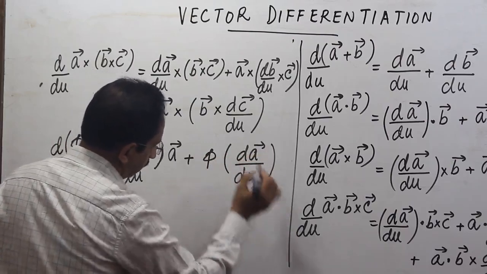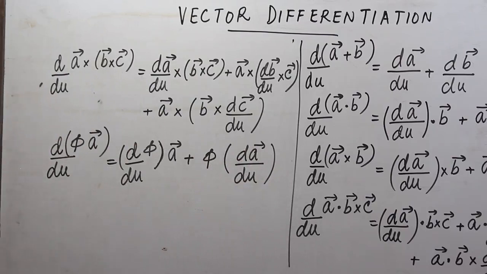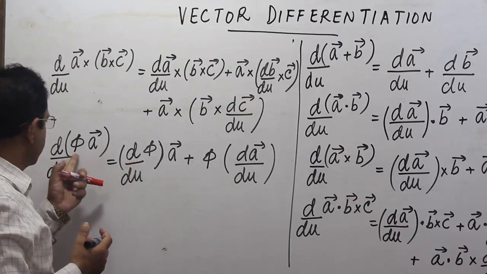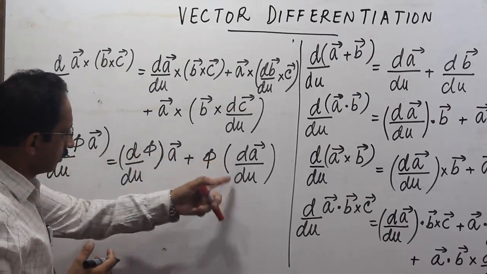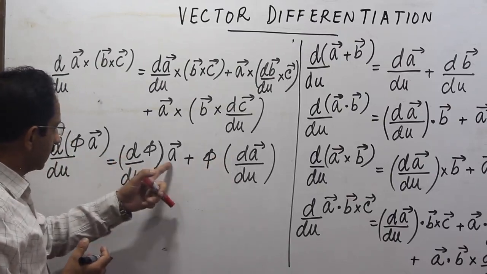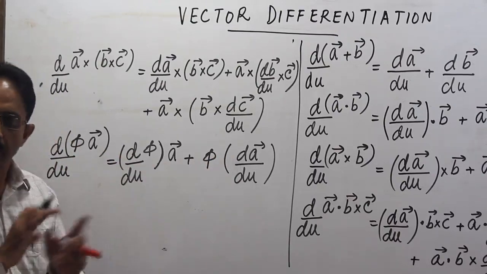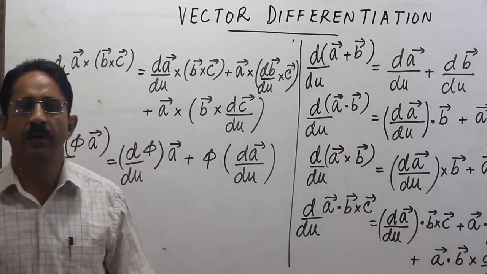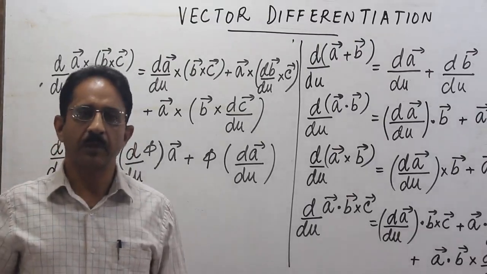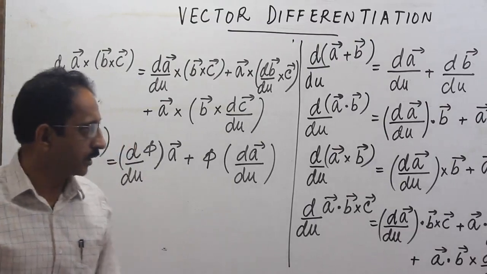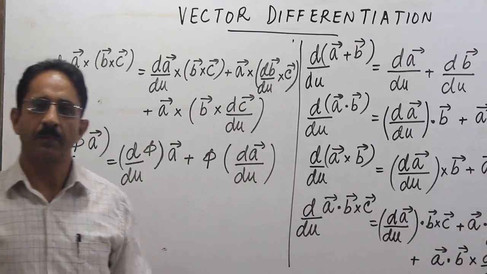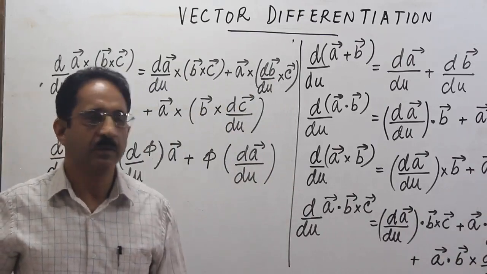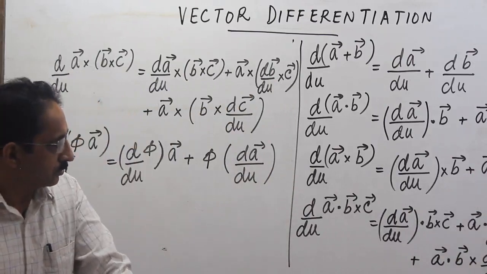As we do in case of scalar functions, it is like u into v type: first into derivative of second plus second into derivative of first. In this case you can go for a commutative property, because commutative property holds true. Be careful here that in case of cross product the commutative property does not hold true, so you must abide by that.